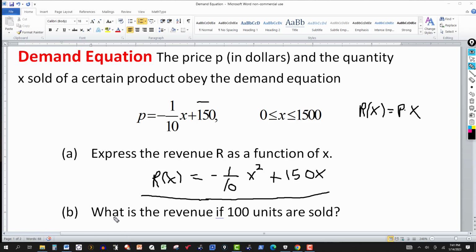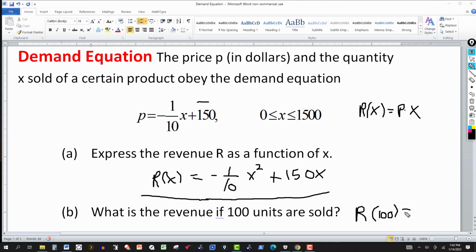Now for part B, what is the revenue if 100 units are sold? So this is just evaluating the revenue at 100. You just simply substitute in for X here. So that'll be 100 squared times the negative 1/10, which you can write as negative 0.1, and then 100 times 150.